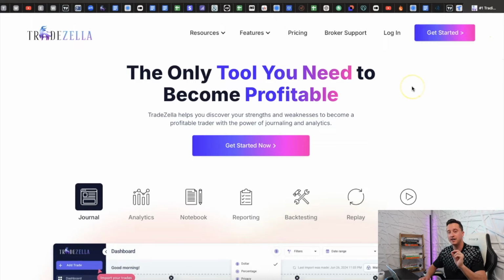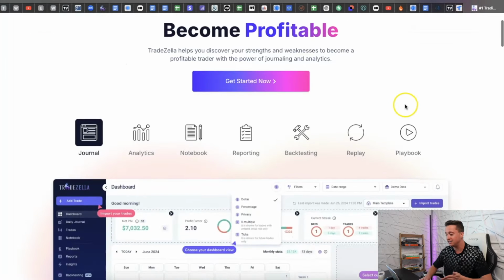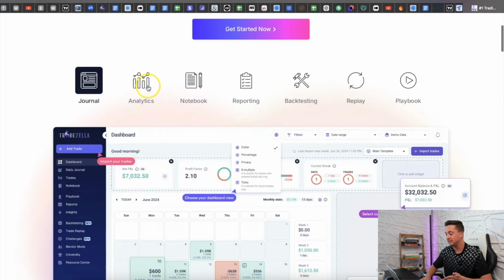So we have Tradovate. Then we have TradeZella. I started using TradeZella a couple of months ago, and it's basically a trading journal. Instead of writing down in a notebook all the trades you took, this software gives you all your trading data. You can see we have a journal, analytics, notebook, reporting, backtesting, replay, playbook.